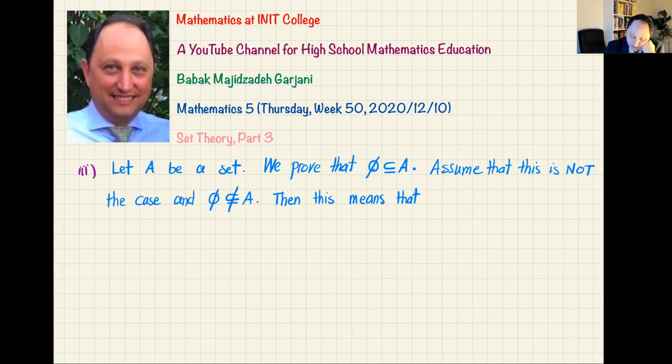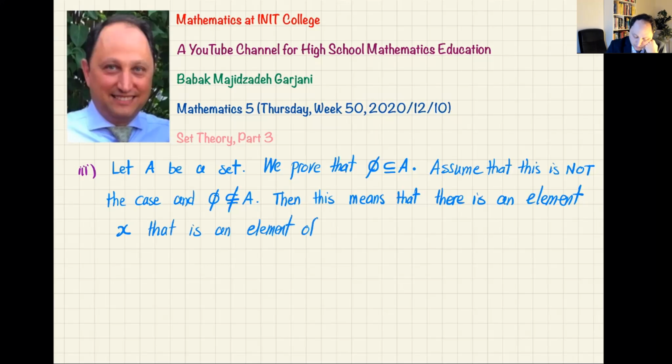Then this means that there is an element X that is an element of the empty set, but it is not an element of A. So you see, I am claiming this is the true statement.